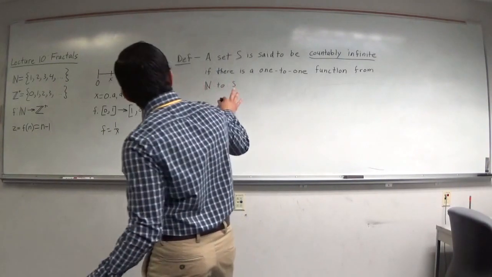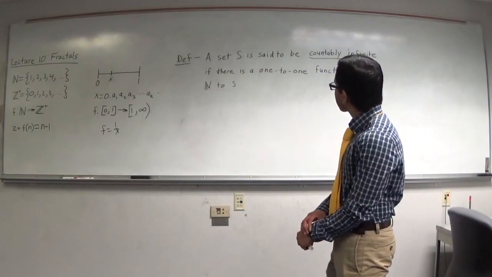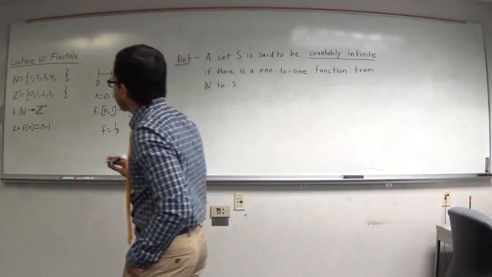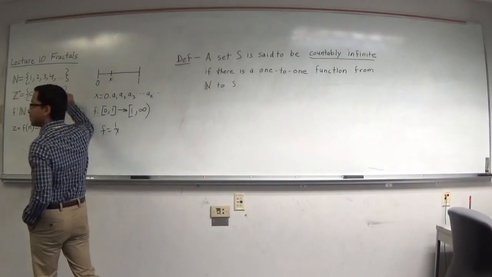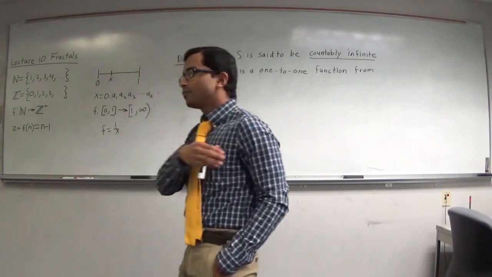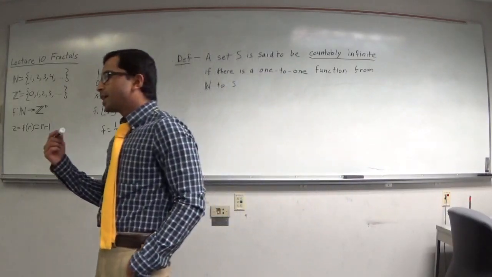So before we define what an uncountable set is, let's think of the infinite hotel. So let's say you have an infinite hotel, and every room is booked, right? Every room is occupied. But then you have a guest that comes in.